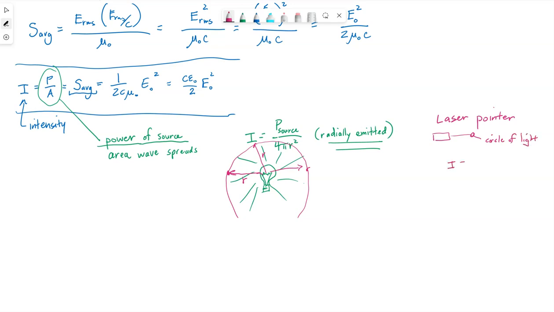The intensity would still be the power of the source over an area, but it would be the area of just that circle of light. The area that the light itself is covering. So we'll do a few examples with intensity, and then we'll move on and talk about radiation pressure as well.